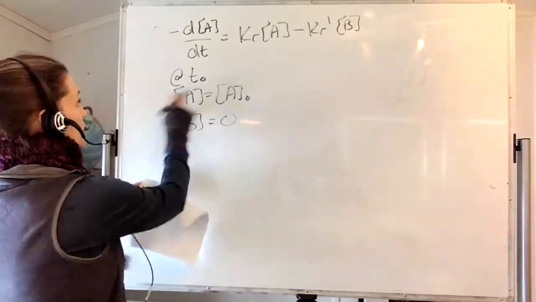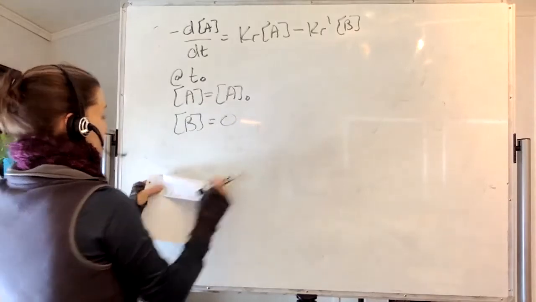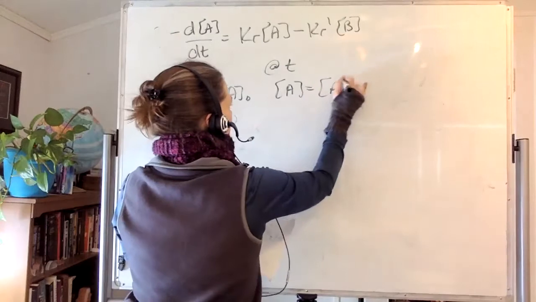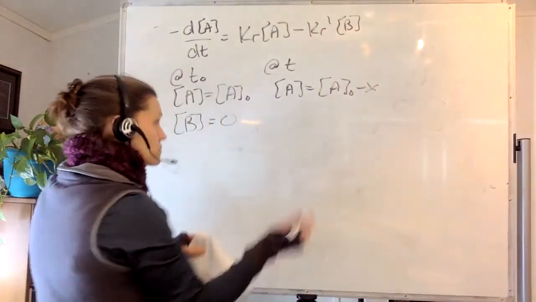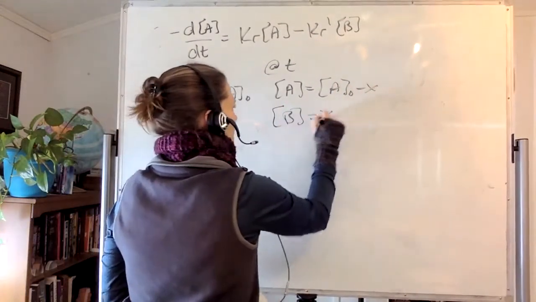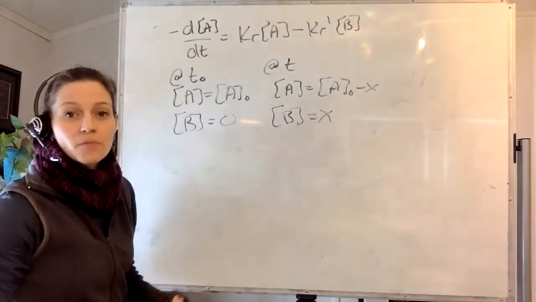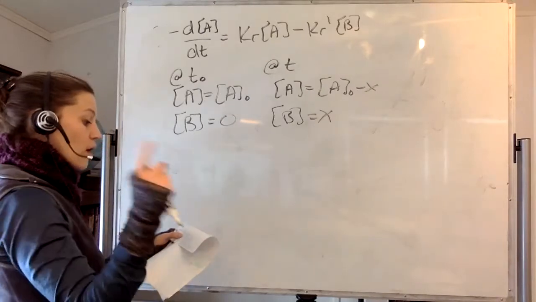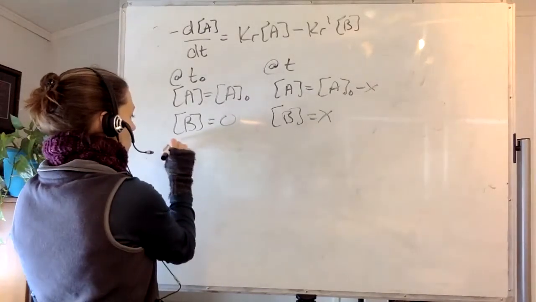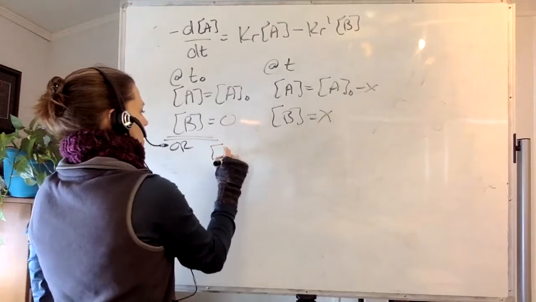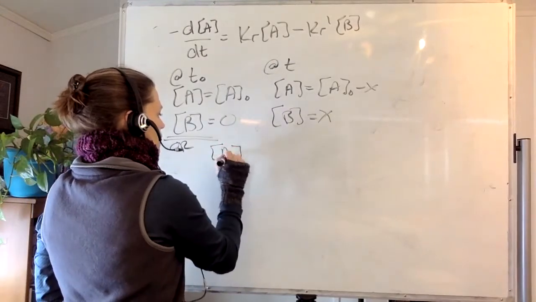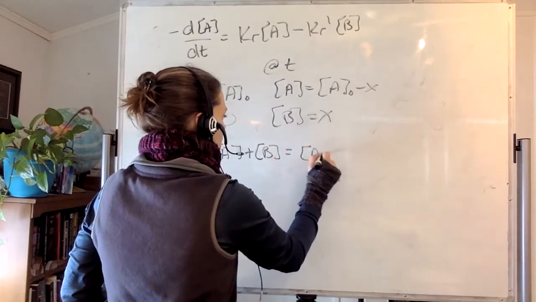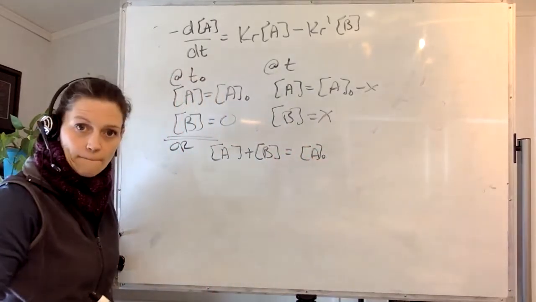Okay, so at t0, we've got this, and then at some later time t, A is equal to some A0 minus X, and that means that B is equal to X. Isn't this cool that the same approach that we took to solve the integrated rate law can be used here? We can also say the concentration of A plus the concentration of B at any given time is the concentration of A0.